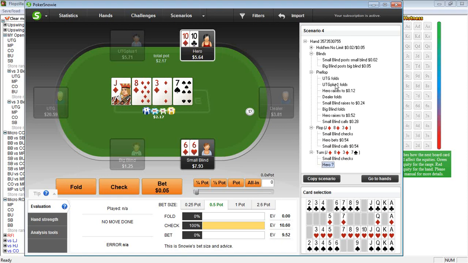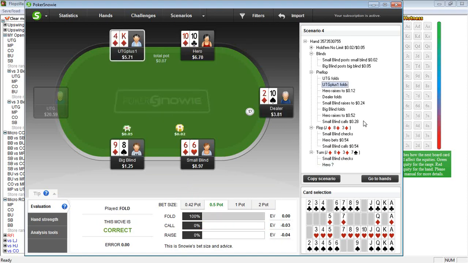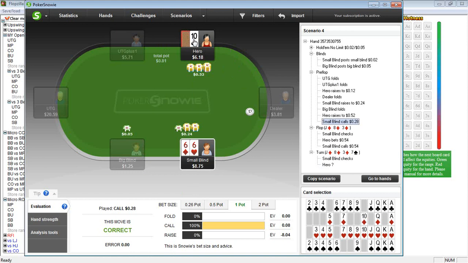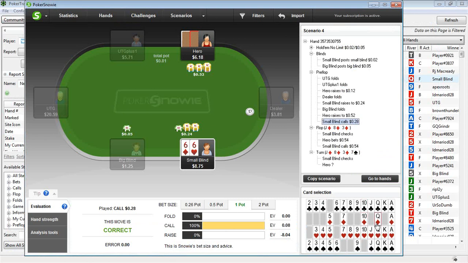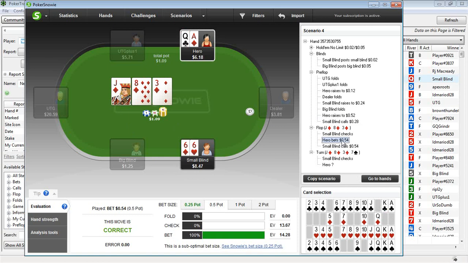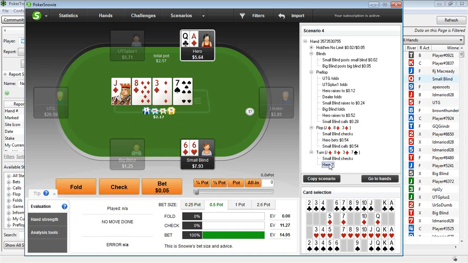If I have ace of diamonds and queen of clubs, then betting is the right play.